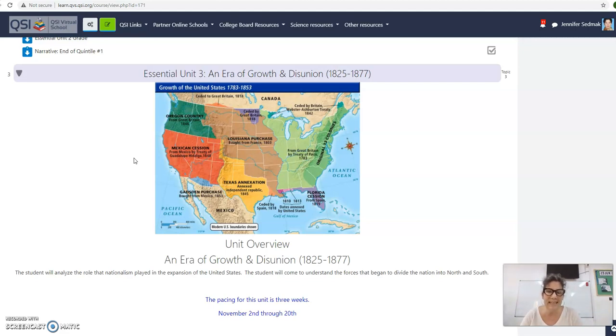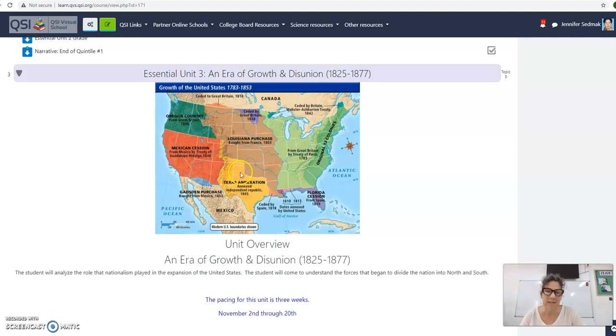At one point in the country's history, the United States engages in war against Mexico. And through that war, the United States gains a large amount of territory, namely the Mexican cession. I'm not going to disinclude Texas, but Texas technically broke away from Mexico on its own volition and then was eventually annexed by the United States.